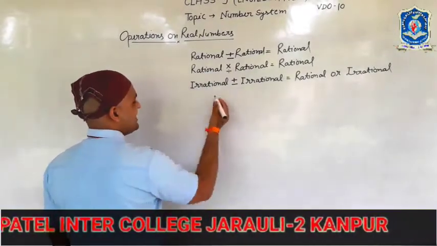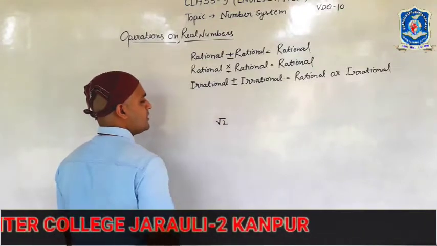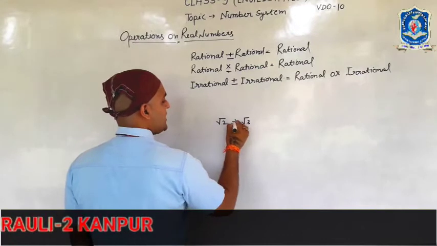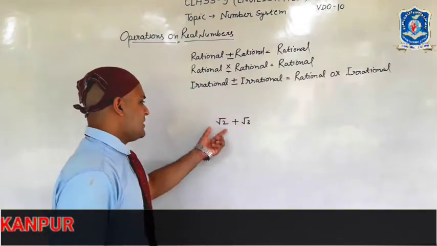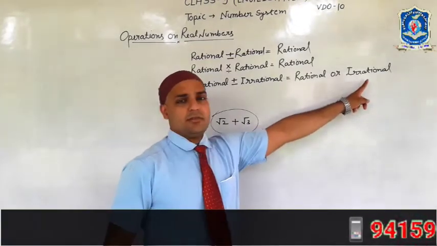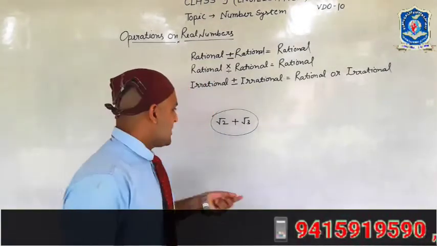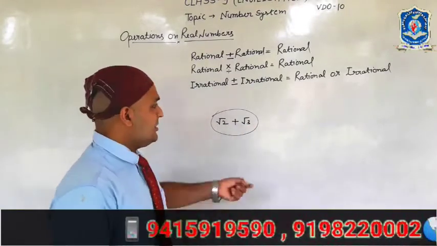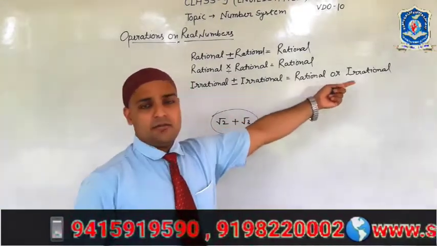Suppose one irrational number is root 2 and another irrational number is root 3. If we add these two irrational numbers, the whole number is irrational, because this is root 2 and this is root 3. The result will be irrational.